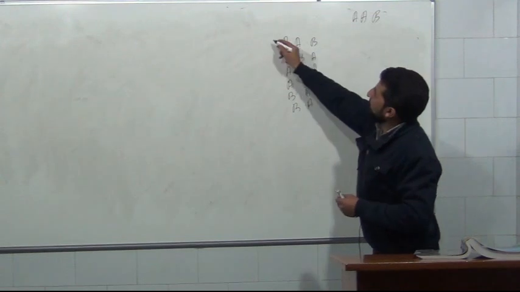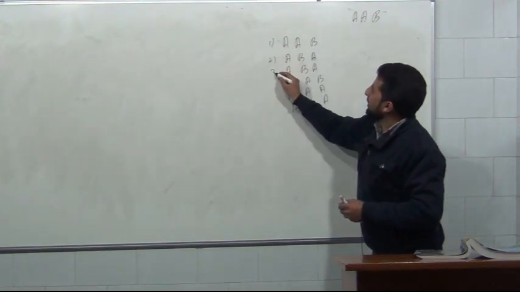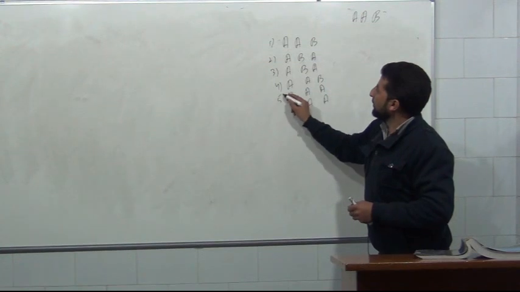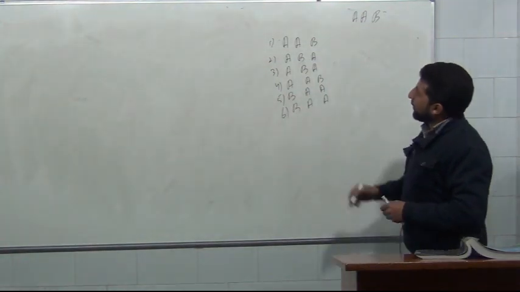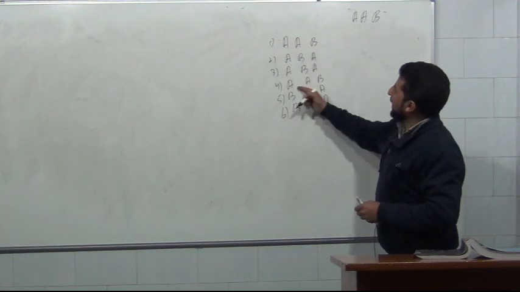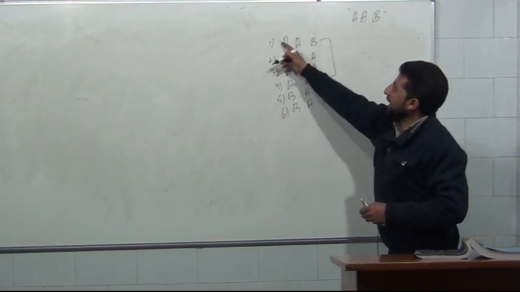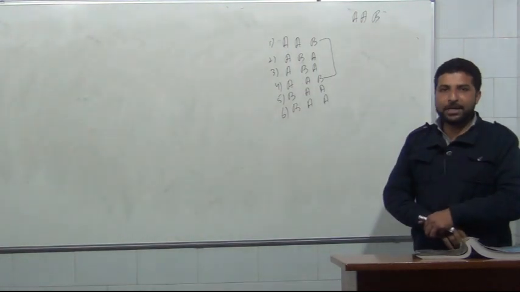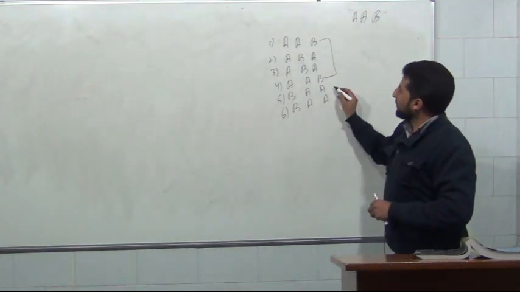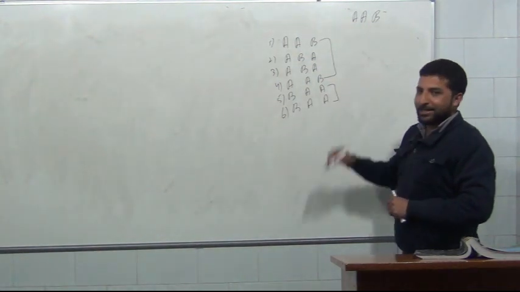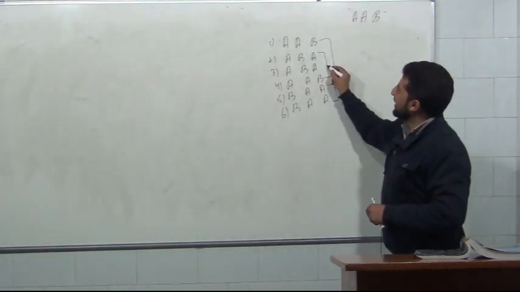If I number them 1, 2, 3, 4, 5, 6, you will find AAB, AAB: first and fourth are the same. Fifth and sixth are the same. And similarly, you will find these are the same.